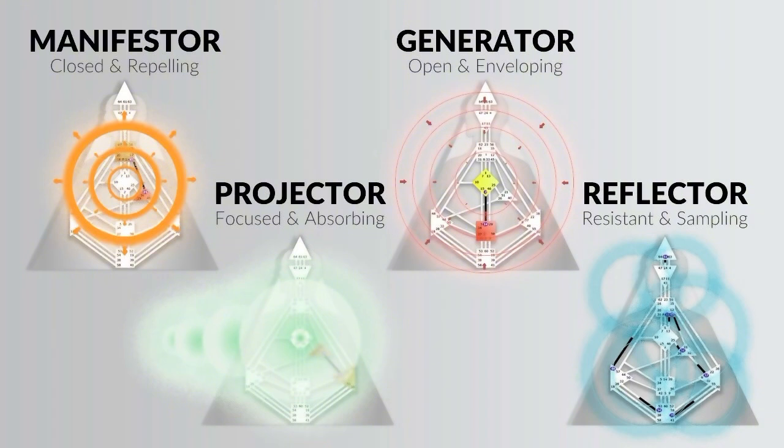In other words, the reflector doesn't have the repelling quality, as an example, of the manifestor, even though, in fact, its aura is quite closed. But it has this Teflon quality in which when it meets other auras, it filters it through, but it filters it through in a very limited way.